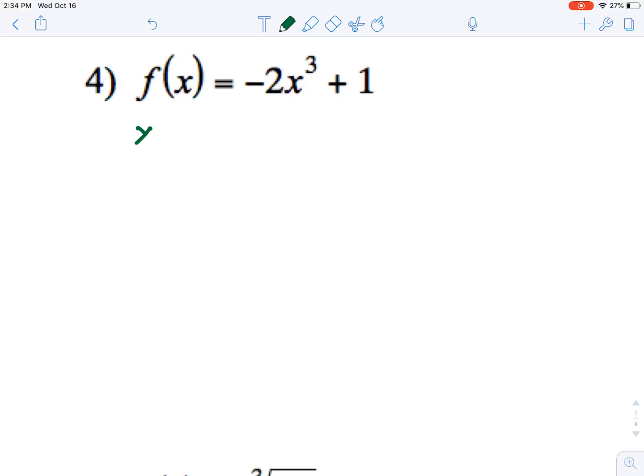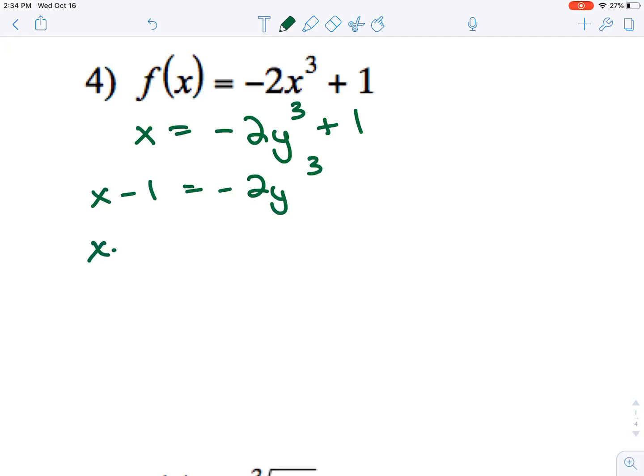Okay, 4. So here's 4. I'm going to have x is equal to negative 2y to the third plus 1. So I switch my x and my y again. I'm going to subtract 1 from both sides. And then I'm going to divide by negative 2.